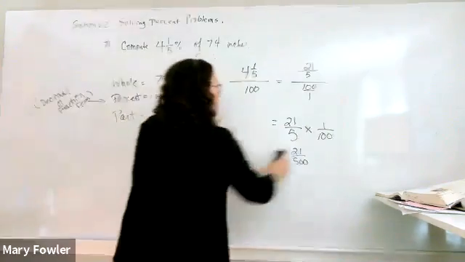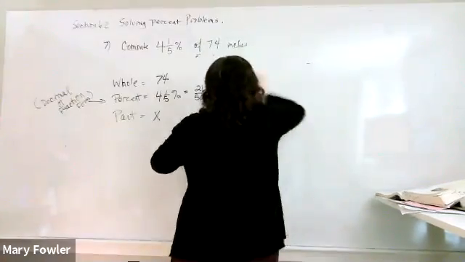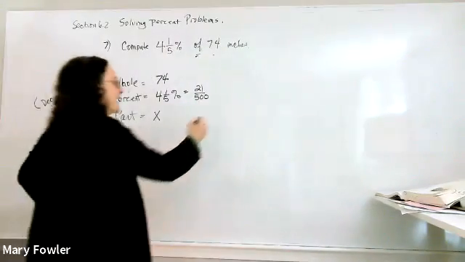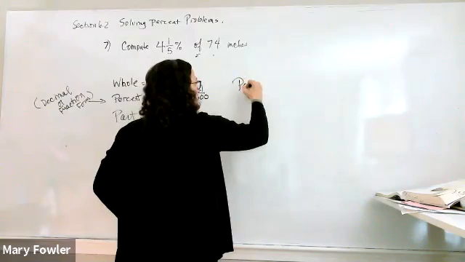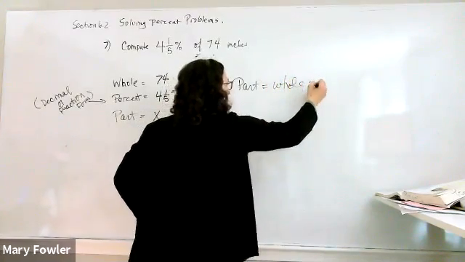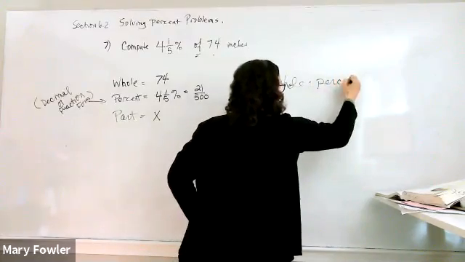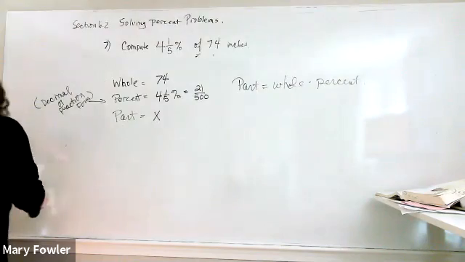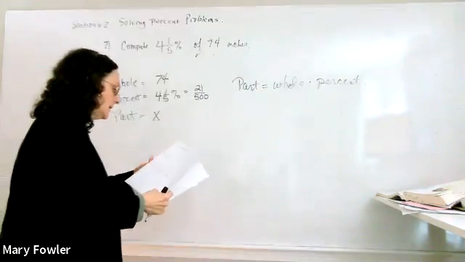And so I'm going to now set up my percent equation and solve for x. So we have part is equal to whole times percent. And we chose fraction form. And let's see, subbing in here.